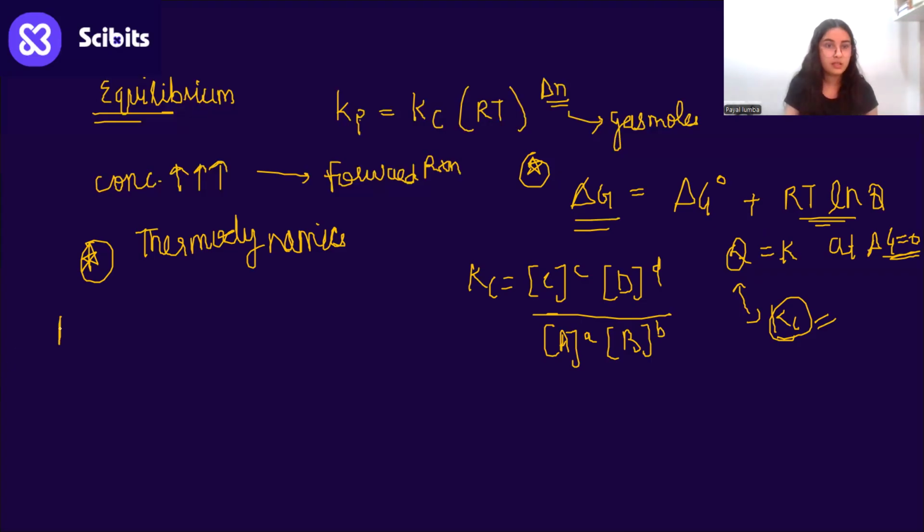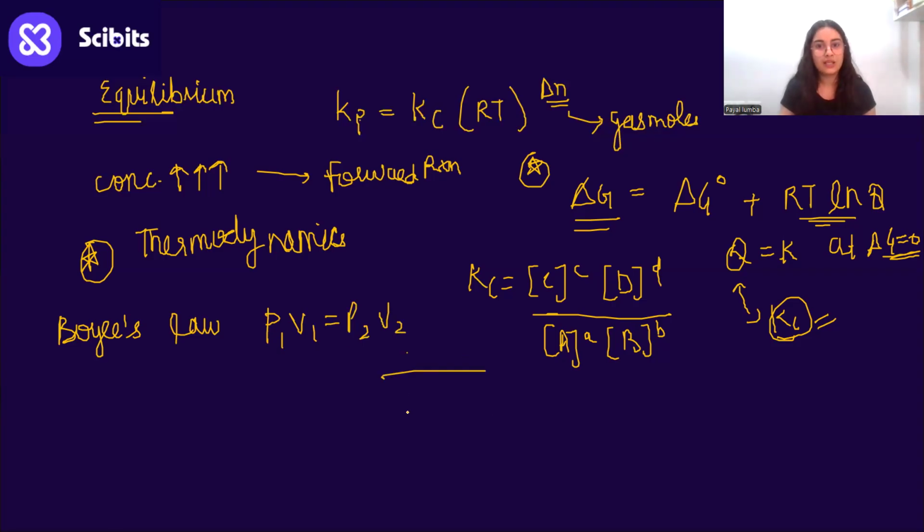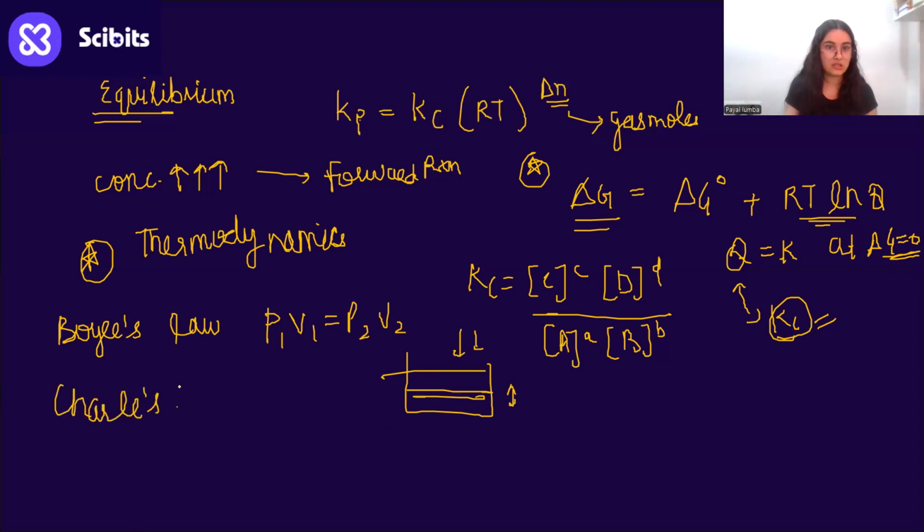Okay. Now let's talk about Boyle's law. What Boyle's law says is P1 V1 is equal to P2 V2. It means when you increase the pressure, volume will decrease. And there is one more law, Charles' law, which says volume is directly proportional to temperature.